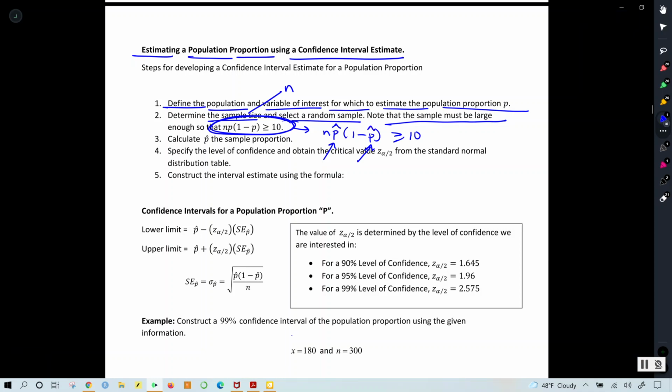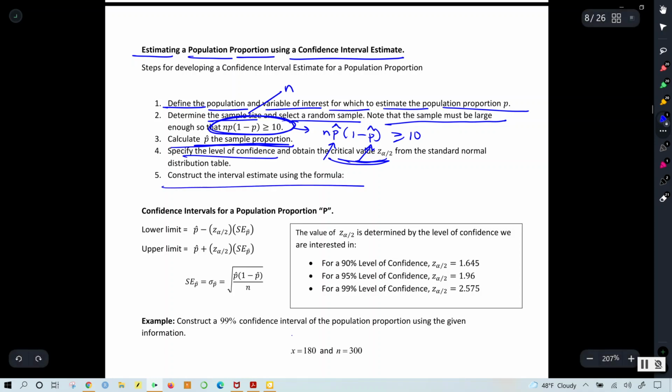If you're going to use p̂, you're going to need to calculate it. Then we'll specify the level of confidence, get the critical value, and use all of these ingredients to construct the confidence interval estimate using the formula given below.